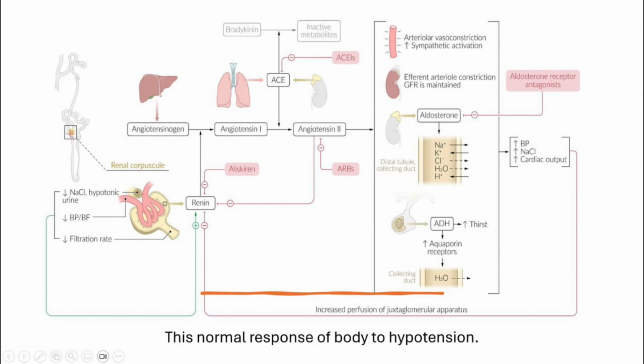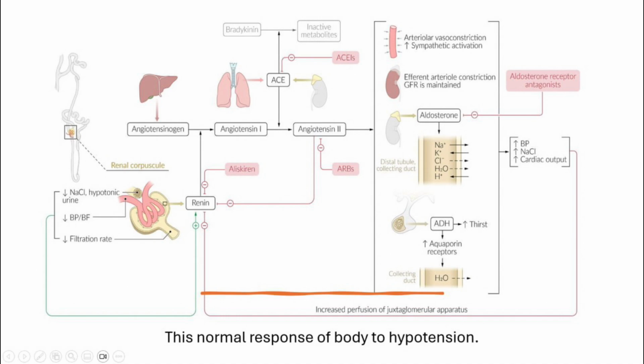To understand these ACE inhibitors, we need to learn the RAS system, that is the renin angiotensin aldosterone system. So guys, whenever in our body there is a low BP due to NaCl loss, hypotonic urine, or blood pressure fall, or filtration rate GFR is low, these stimuli will stimulate renin release.